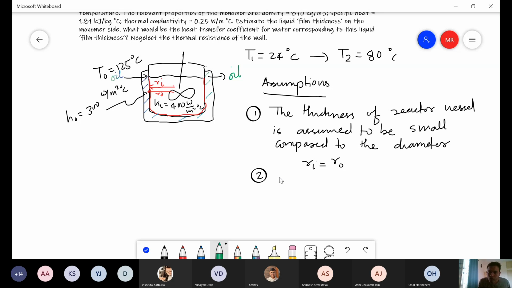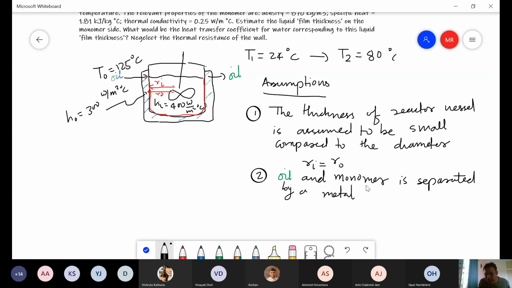Again, oil and monomer are separated by a metal wall, isn't it? So the reactor is made up of metal, isn't it? So metal wall, correct? So it is separated by a metal wall, correct?